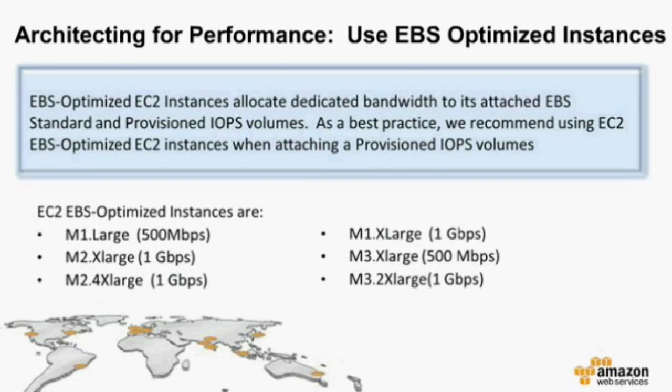We've actually added to the list that's listed here: the C1 extra large instances now support the EBS optimized flag as well.